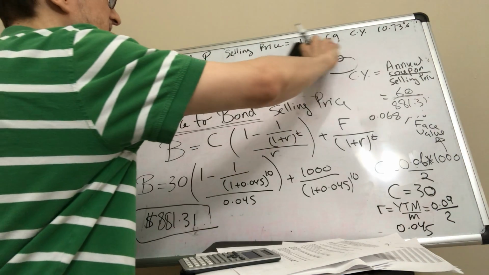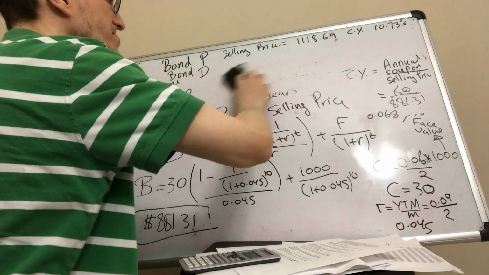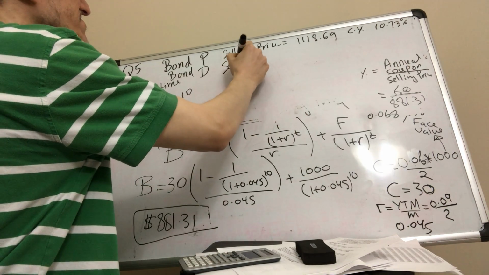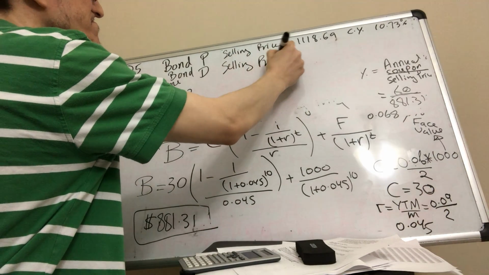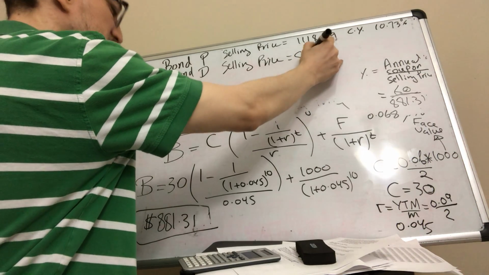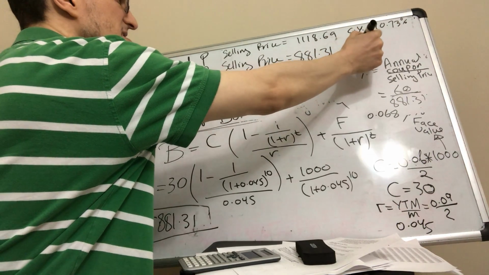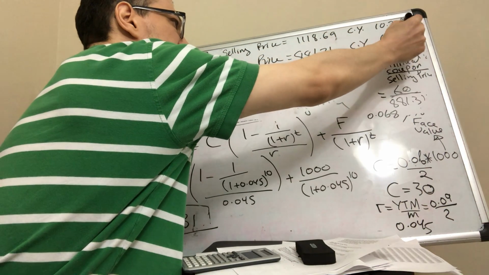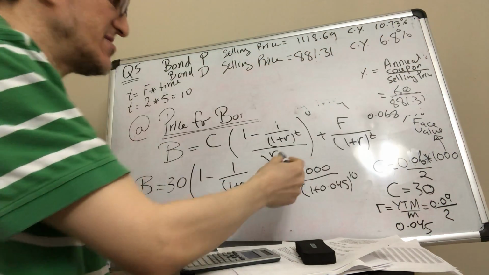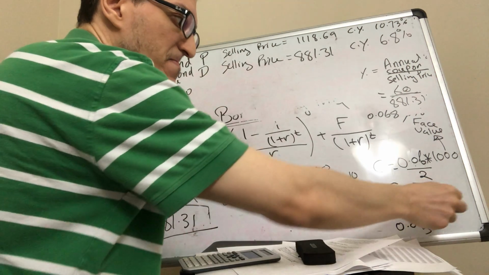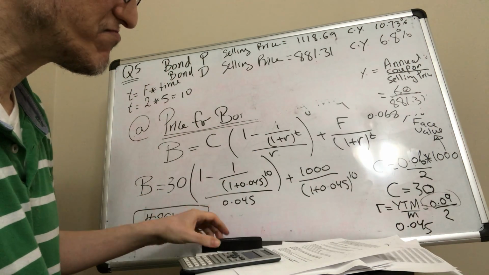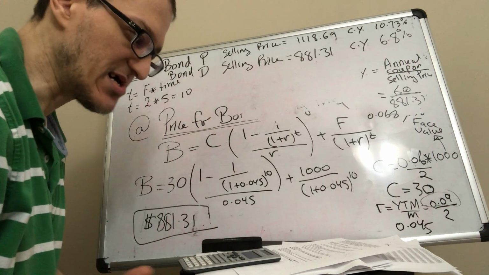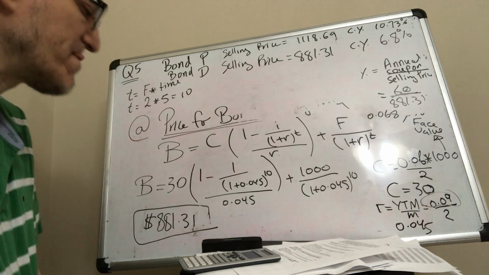So for this one, selling price is 881 and current yield is about 6.8%. And you see this is less than the YTM. And that's why they tell you bond D is selling at a discount.